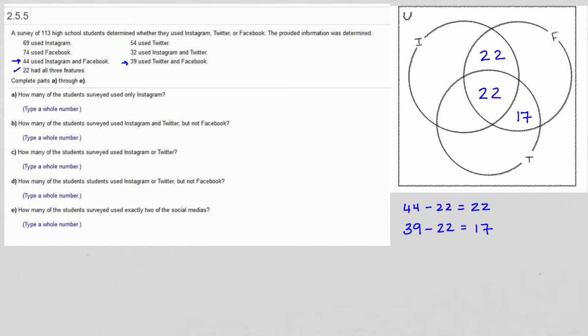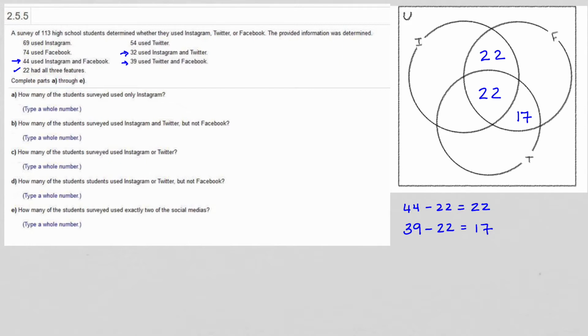And then if I go back and look at this area, so this is Facebook or Twitter, there are 39 people total in that area. And that's what we have right here. So that makes sense. That's working. And next, we can look at 32 who used Instagram and Twitter.